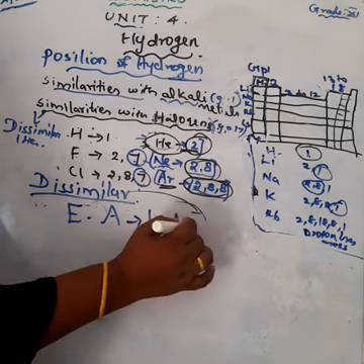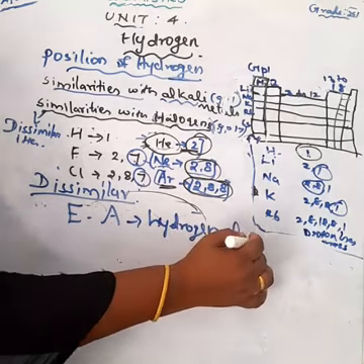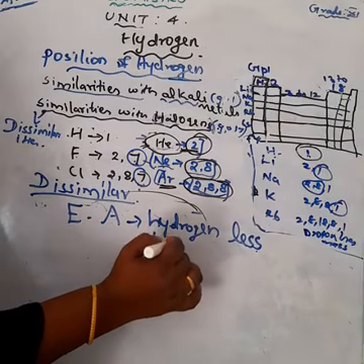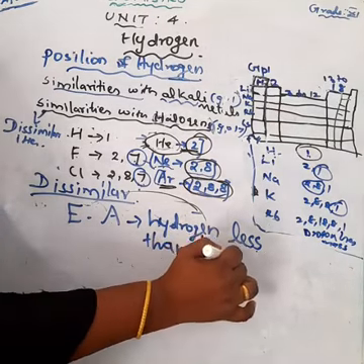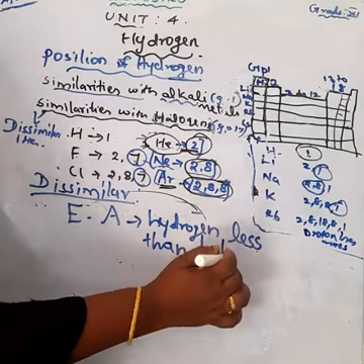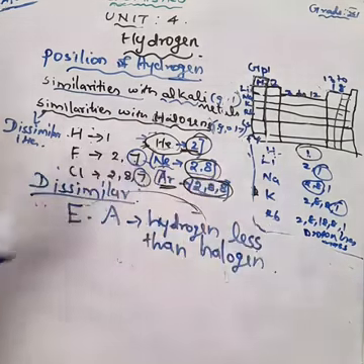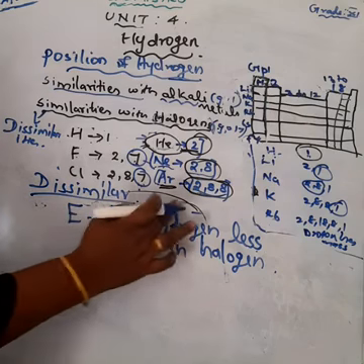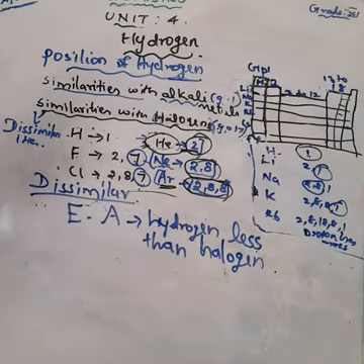Hence, the tendency of hydrogen to form the hydride ion is low when compared to the halogens forming halide ions when they gain one electron. Okay, but hydrogen's tendency of forming the hydride ion is very low.